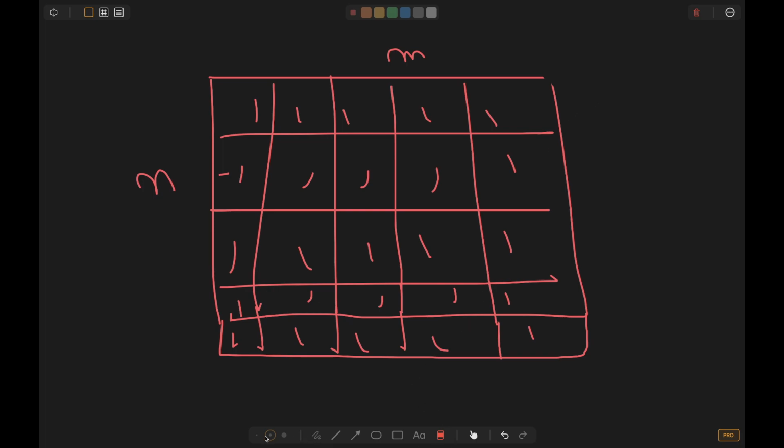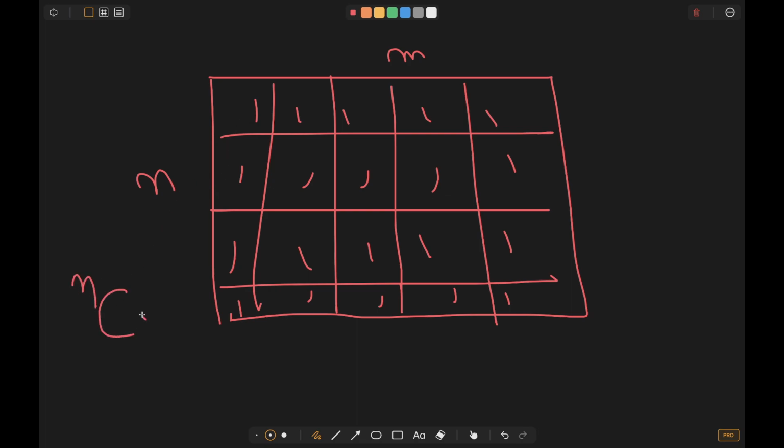However, for even, how do we do this? Well, let's undo everything. If there were just an even number of rows, then notice we only have to select half of the rows. So we just have to select n by 2 rows and make them negative 1. And we have to do it for m columns.